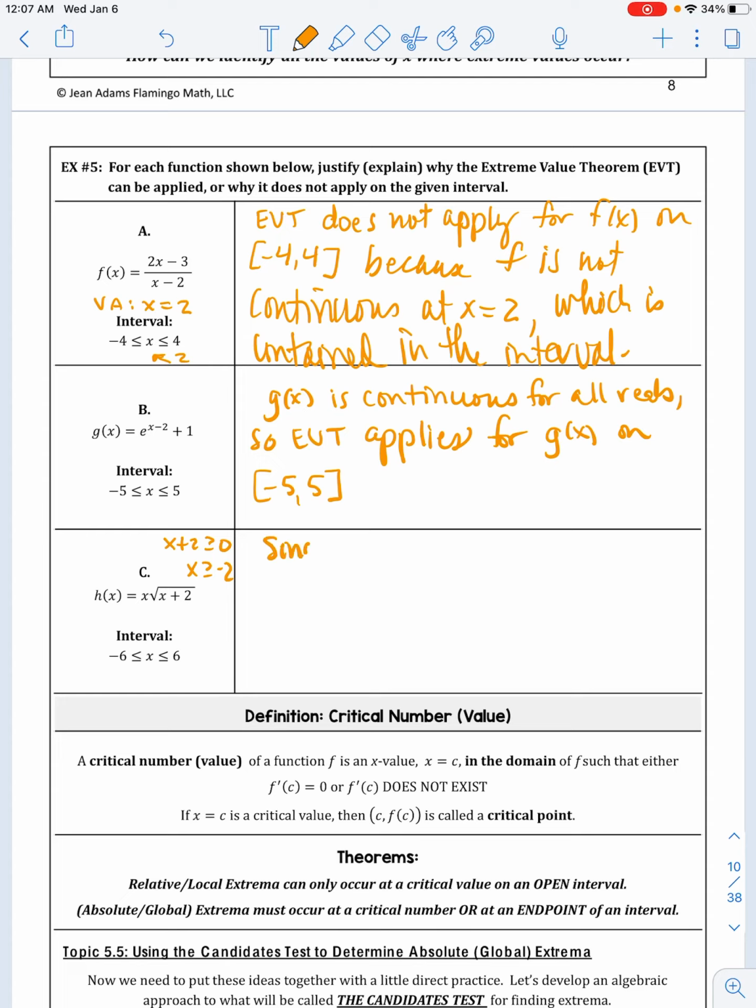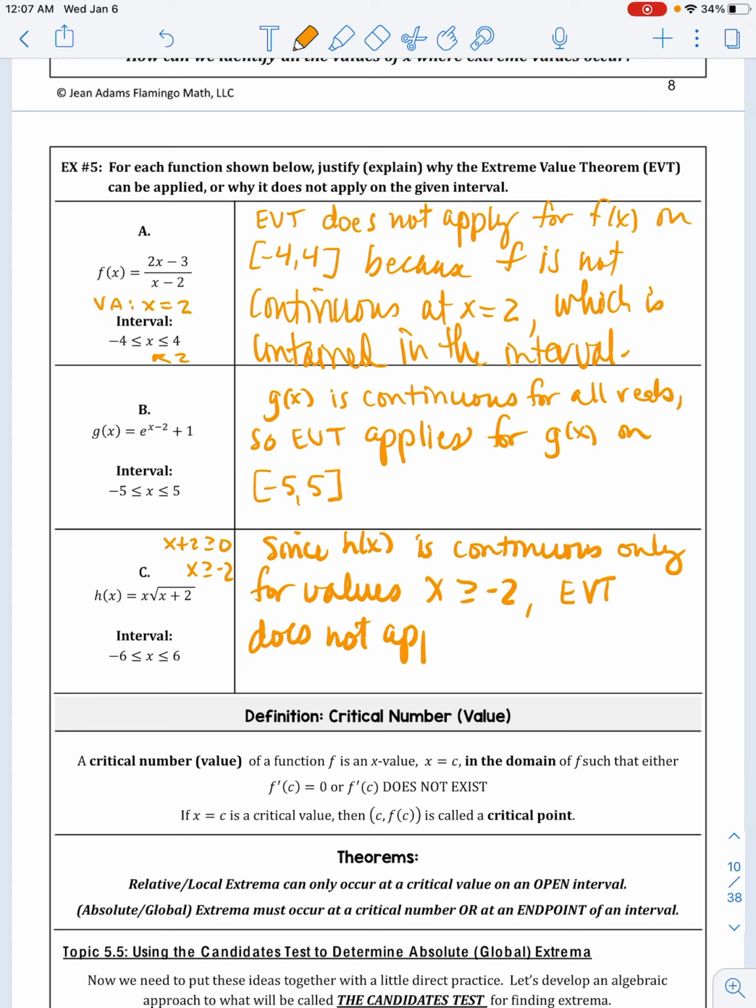So we're going to say since h of x is continuous, I should say only for values x greater than or equal to negative 2, the EVT does not apply for h of x on that closed interval from negative 6 to 6.